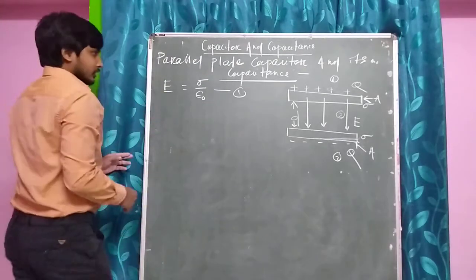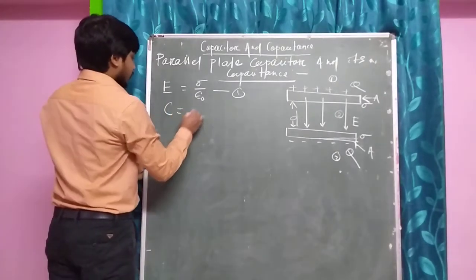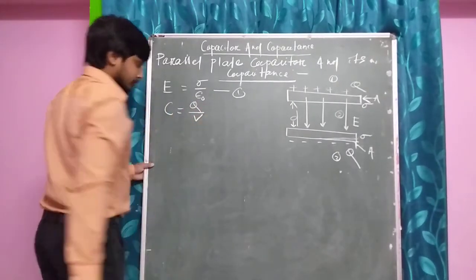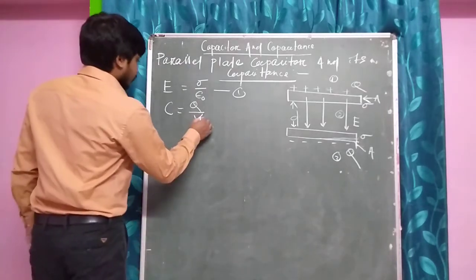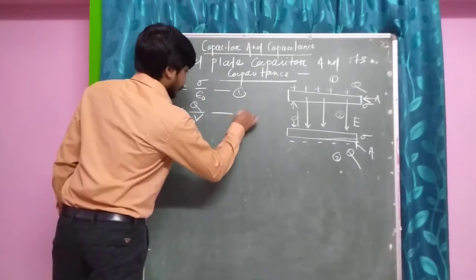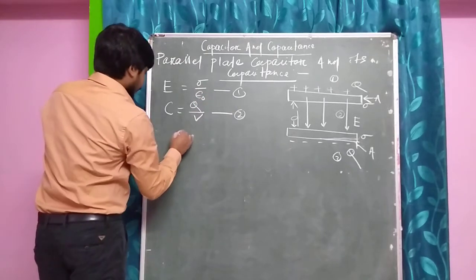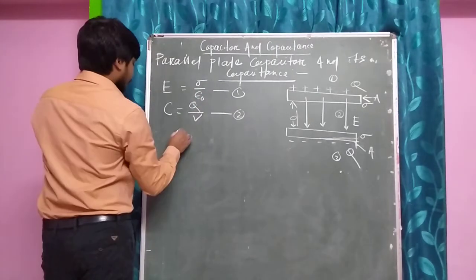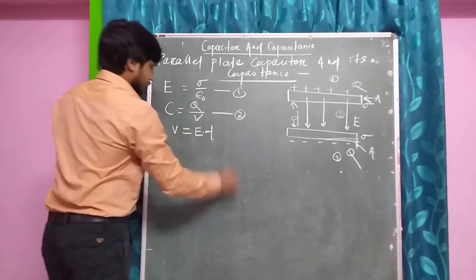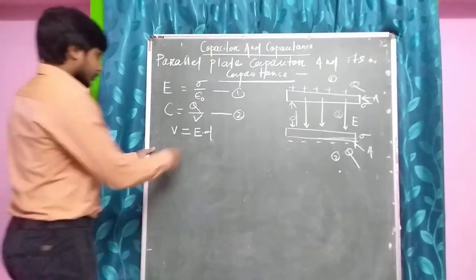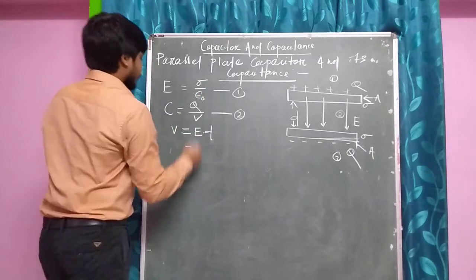So now we have to calculate the capacitance of this parallel plate capacitor, that means C. Our formula is C equals Q by V. So here we first have to find the potential difference between the two plates. From the relation between V and E, the potential is given by E into the separation distance. E we have already calculated, it is sigma by epsilon naught.